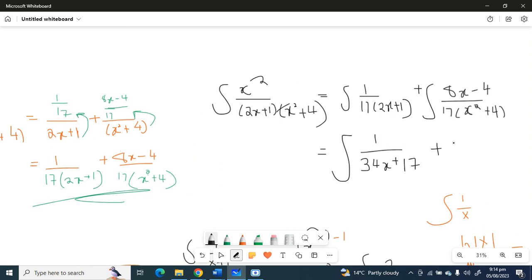And then for this expression, we have 8x minus 4. So 17 times x squared, that is 34x squared. 17 times 4, 68.